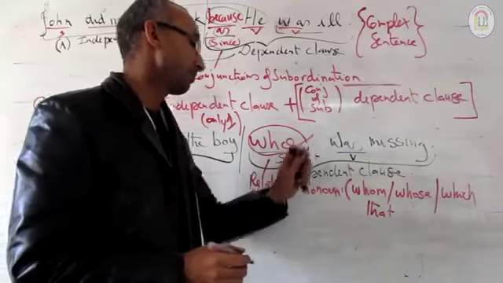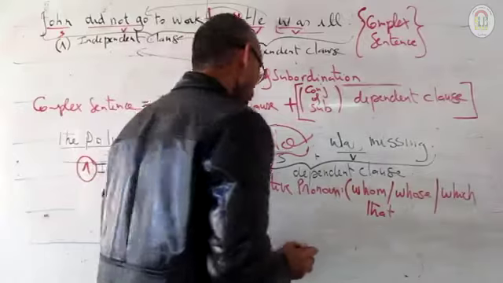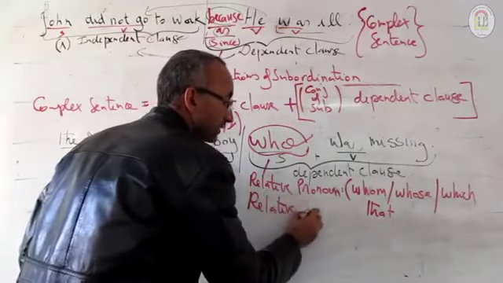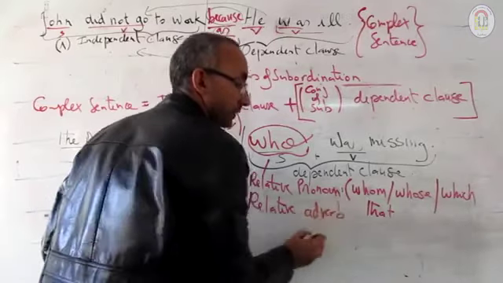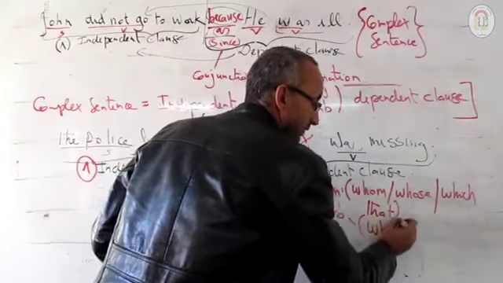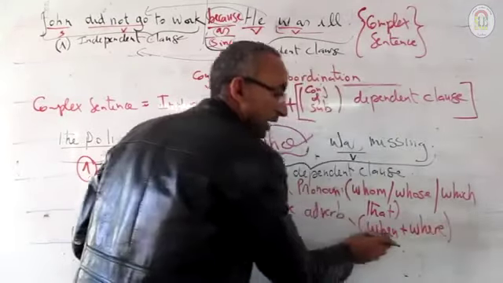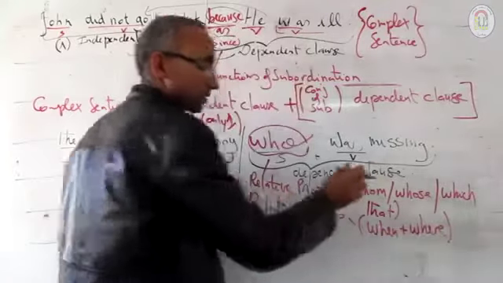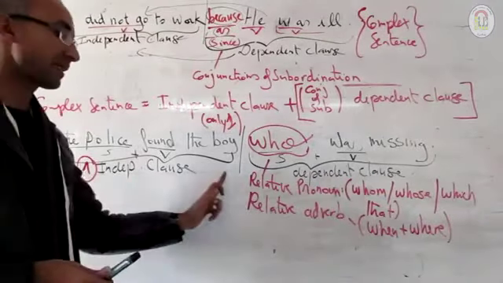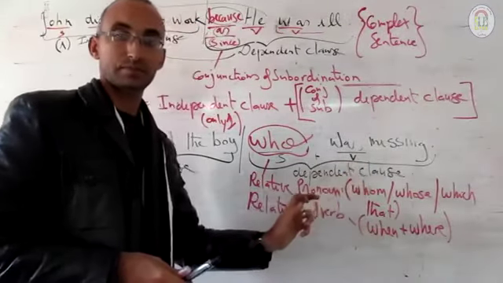Okay, that was missing. Now, relative pronoun, or even relative adverb, like when and where. To express time, express place. For example, I said, Ramadan was the month when Muslims fast.